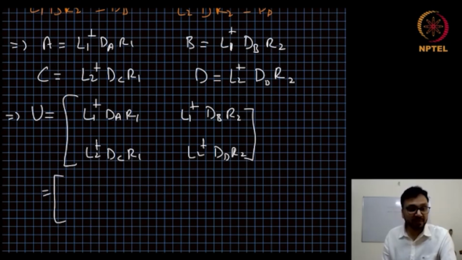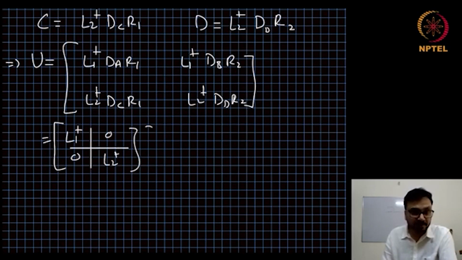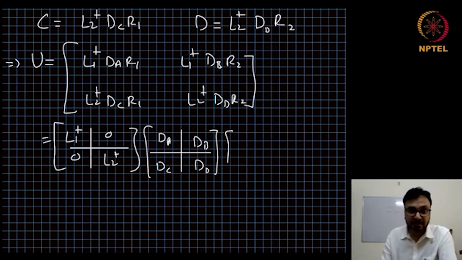Or we can write it as a product of three matrices: L1 dagger, L2 dagger on the diagonal with 0 and 0, then dA, dB, dC, and dD, and then R1, R2.